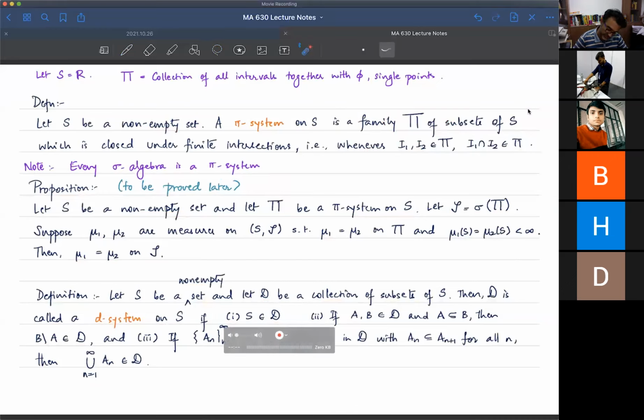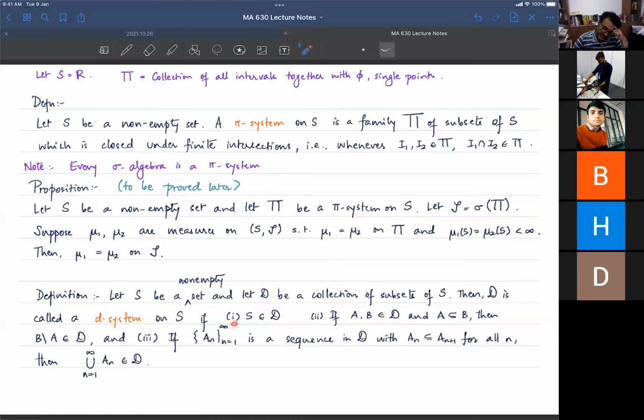All right, so just to be clear, the set we're working on is capital S. So capital S is some non-empty set. Script D is a collection of subsets of S. We will say that script D is a D system on S if the following things hold.